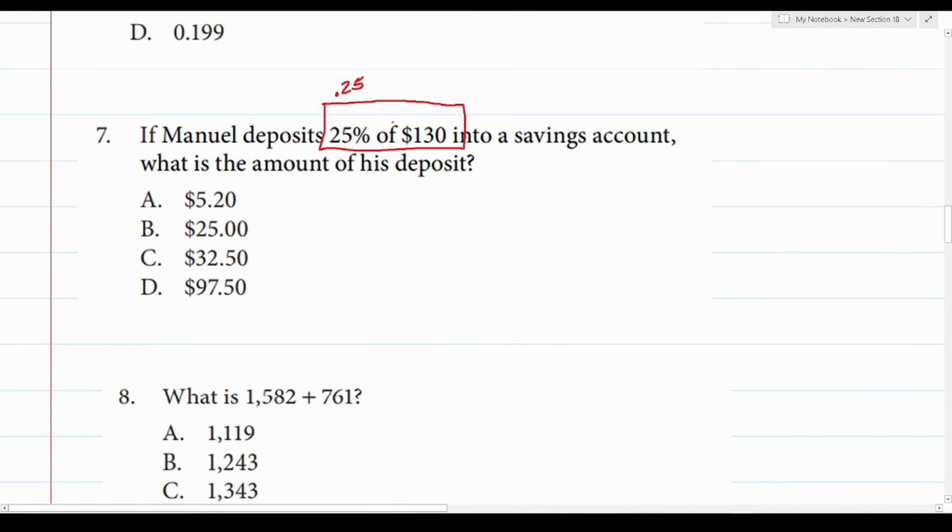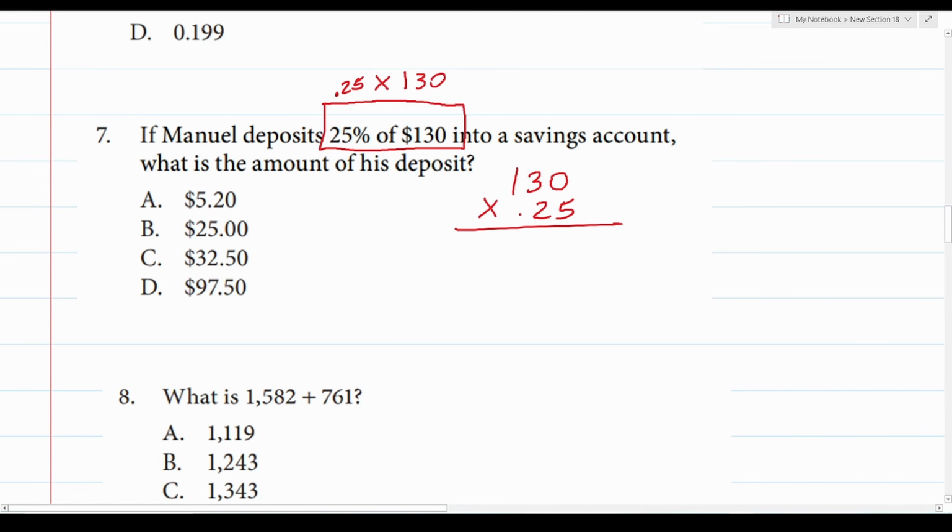In mathematics, of means multiply. And I have a video in which I discuss that. And then we just multiply 25%, 0.25 in decimal form, and then 130. Okay? So to figure out what 25% of 130 is, you take 0.25 and you multiply it by 130. Let's go ahead and do that over here.